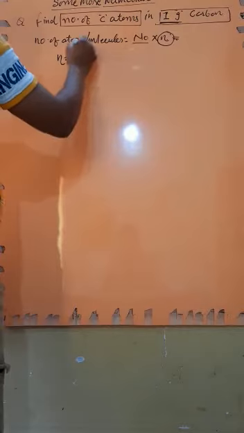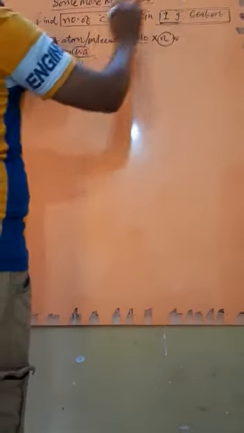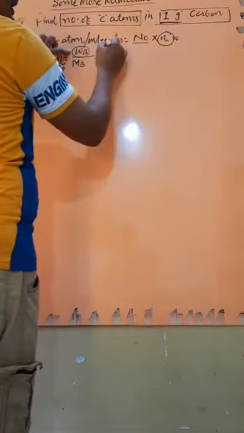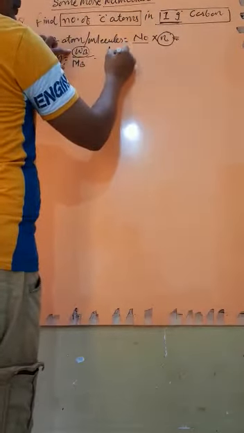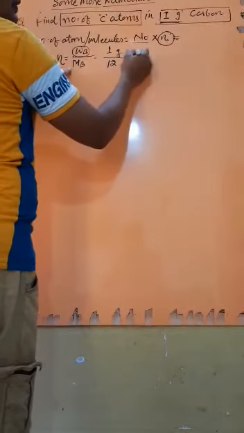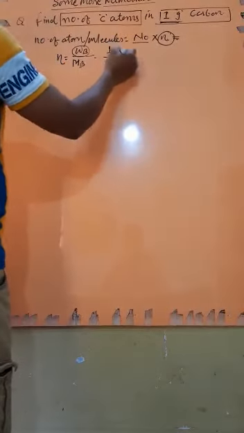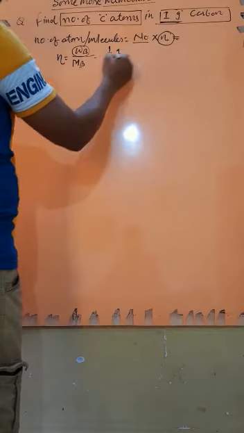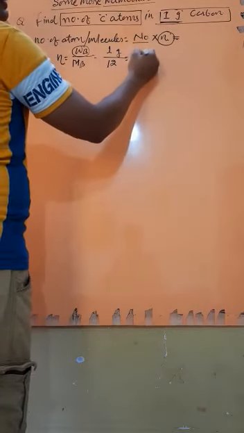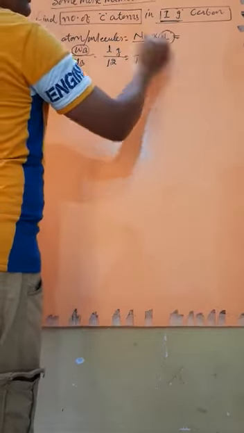What is Wb? That is the weight given. The given weight is 1 gram. So write here 1 gram divided by the molar mass or atomic mass of carbon, which is 12 gram. So 1 upon 12 is the number of moles.